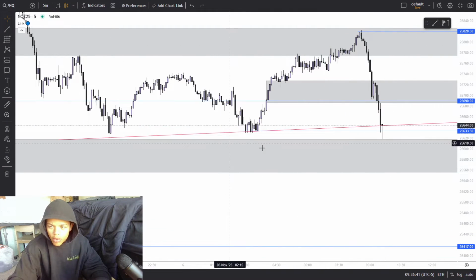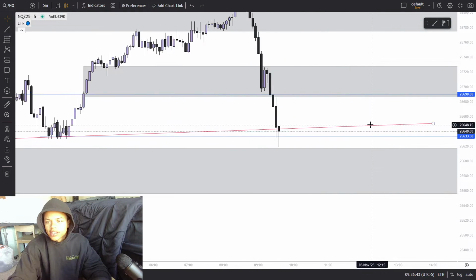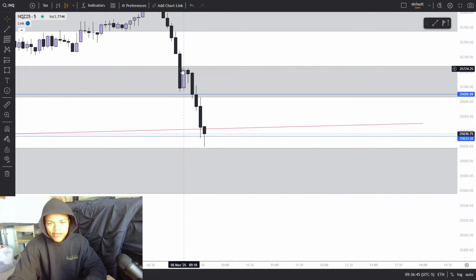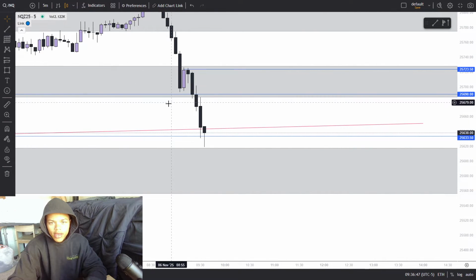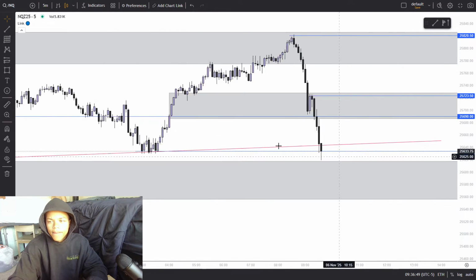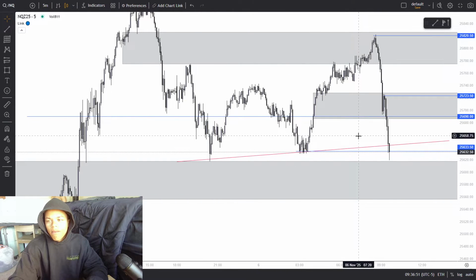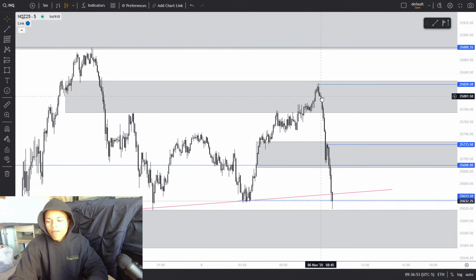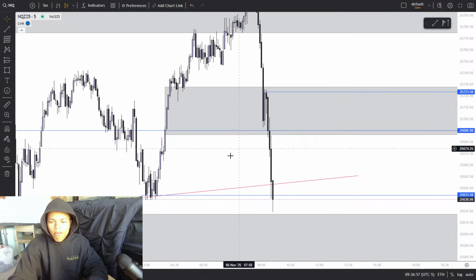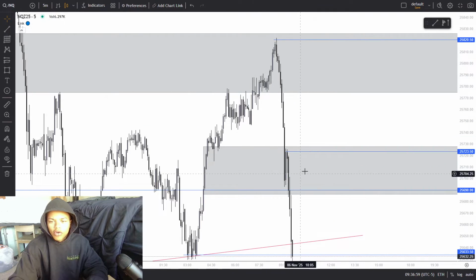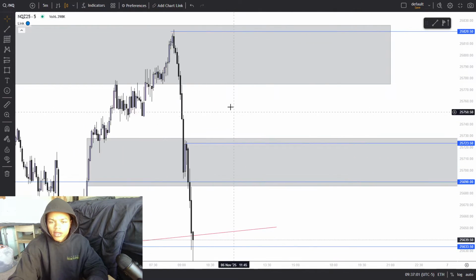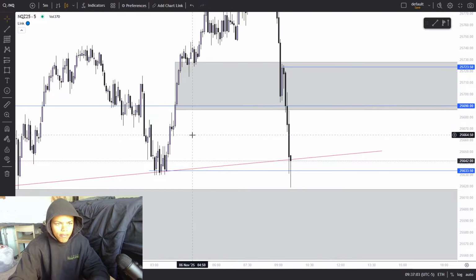Alright, we did take out the sell side, which is nice. We do have some equal highs right here that we can mark out if we wanted to go higher. We can see our model kind of played out here early in the market.